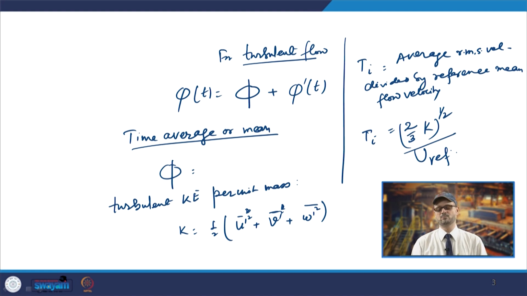Apart from that, you even have terms like the moments of these different fluctuating variables. That will lead to terms like u prime v prime bar or v prime w prime bar, which lead to these stresses. Those are the additional shear stresses that come up when we deal with turbulence.